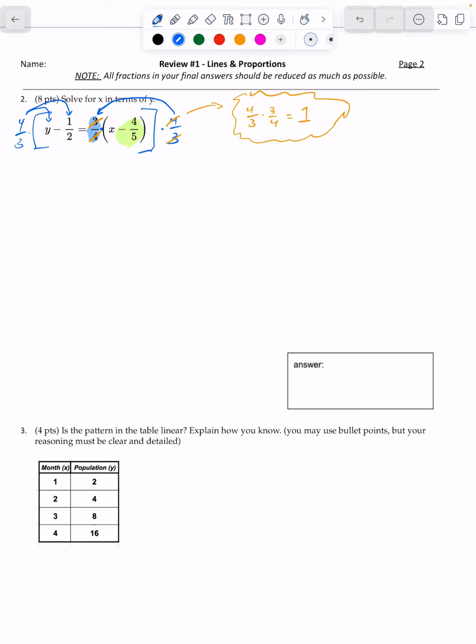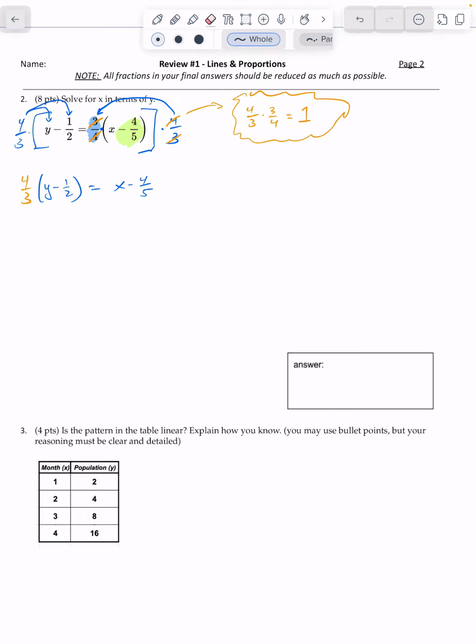So let's do this in pieces. I'm gonna leave the 4/3 here, and it's gonna be multiplied by y minus 1/2. And I haven't done that yet. Equals, and then on this side I've just got x minus 4/5 left over because all those things canceled out. Now it's sort of lovely. Now, we don't really need these parens here on the right-hand side, so we can get rid of them.